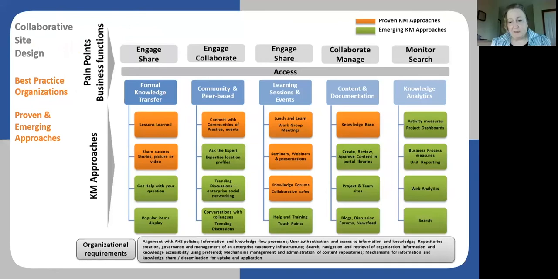The other one that I highlighted in those interventions that I was showing before was alignment of knowledge management proven and emerging approaches to the business needs. This is an example of how they were aligned to the business needs of engage, share, collaborate, access, monitor, and so on.